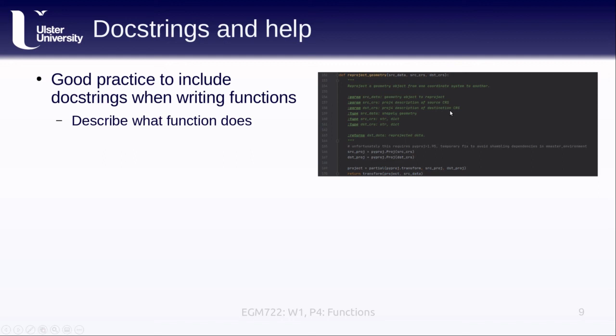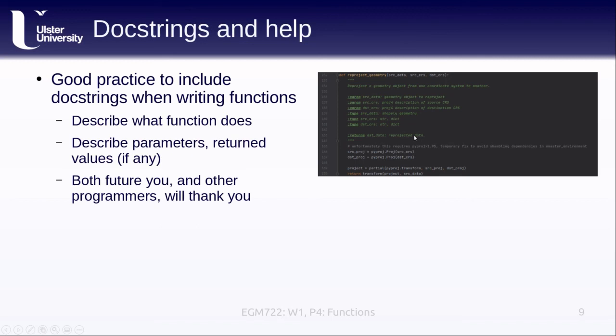So the coordinate reference systems that we are going from and to in this reprojection. And then we also list the different types that are accepted for these different parameters, and then it also tells us what the function returns. And then you can see the rest of the body of the function here.